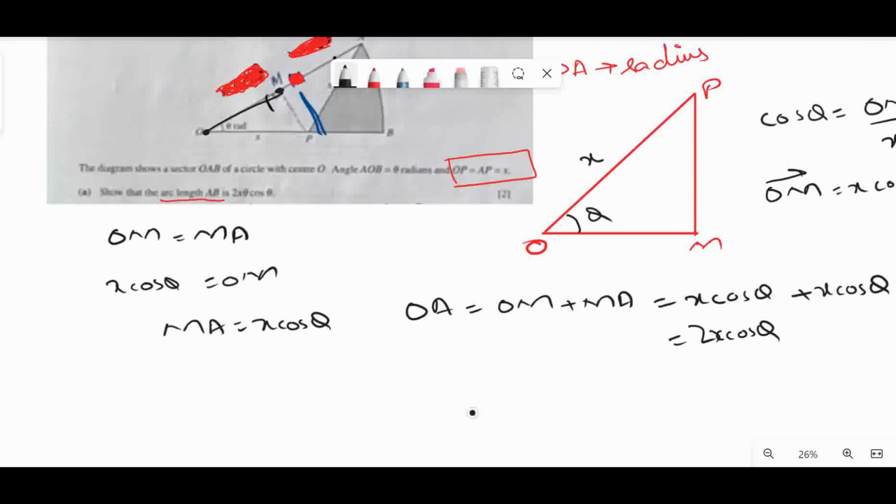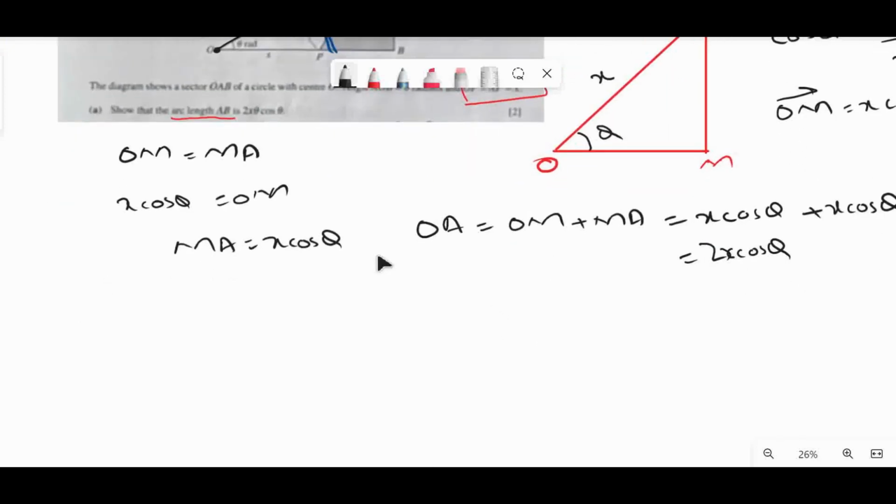Now we can use the formula S is equal to r theta. So S is equal to r theta, which means 2x cos theta into theta, because this is the radius and theta is the angle.